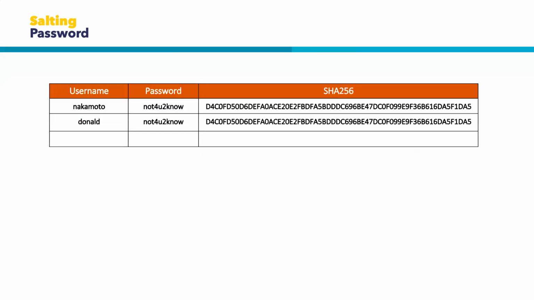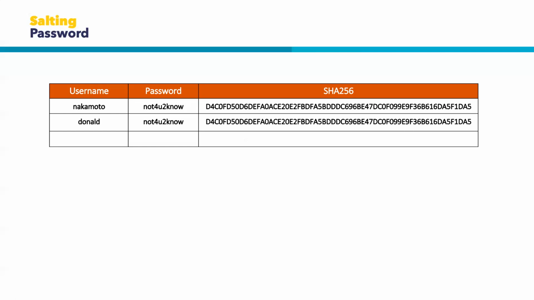For example, look at the example in the orange table. I have a username, Nakamoto, and a username, Donald. They have the same password. When we generate a non-salted password, if you look at the hash generated, they all have the same hash.